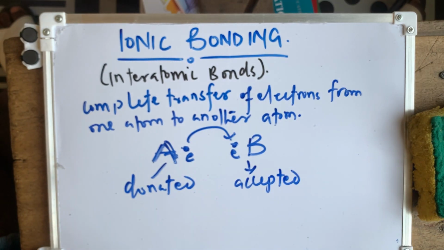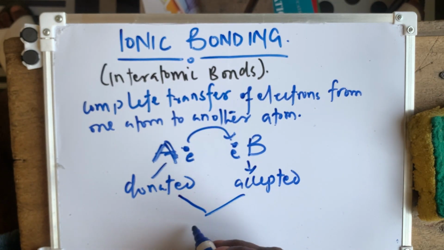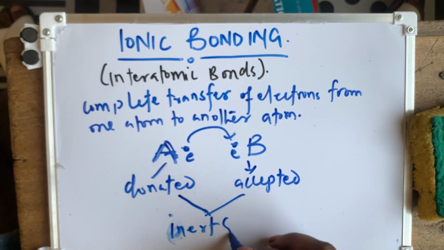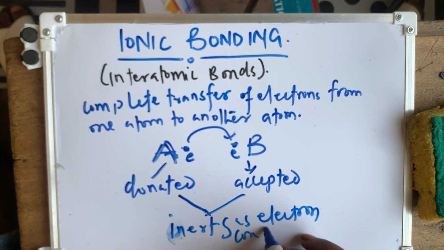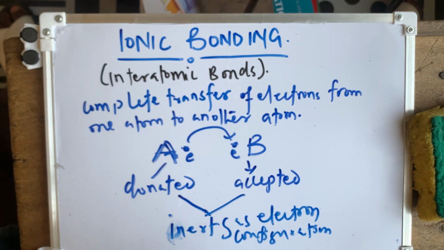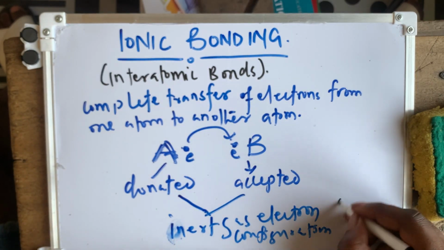A donates and B accepts because all of them want to achieve the inert gas electron configuration.